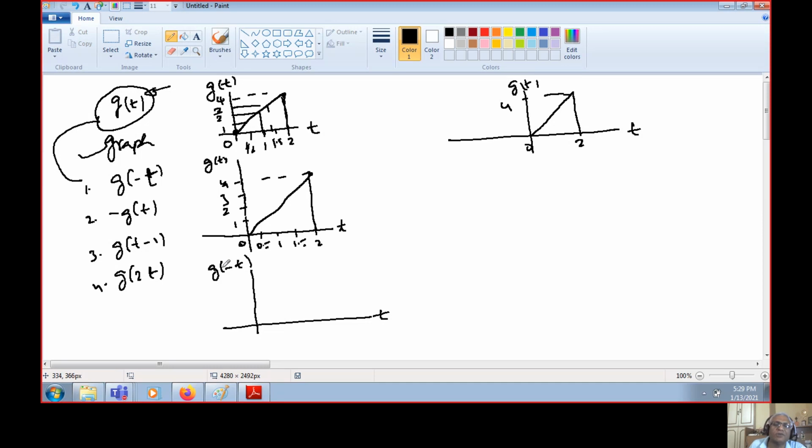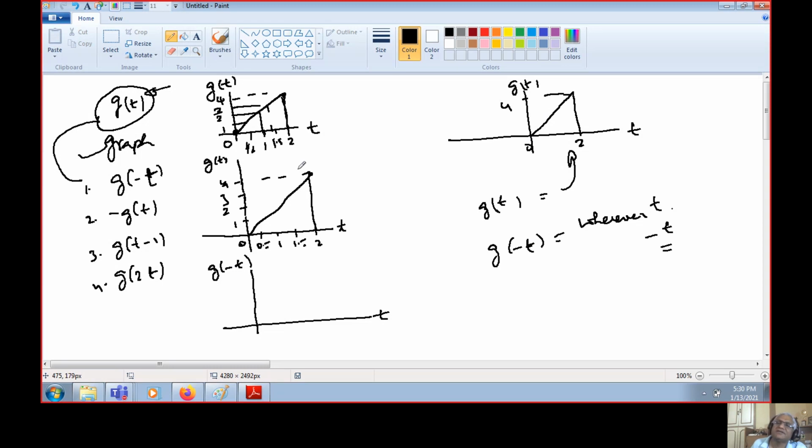Now, how do you plot g(-t)? Because g(-t) is basically some manipulation of g(t). If you remember the earlier exercises, if g(t) is given, how do you find g(-t)? Remember, wherever t is there, you put -t. But in this particular problem, only a graph is given to us.